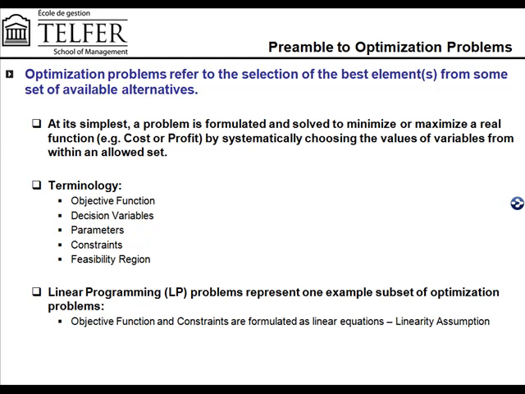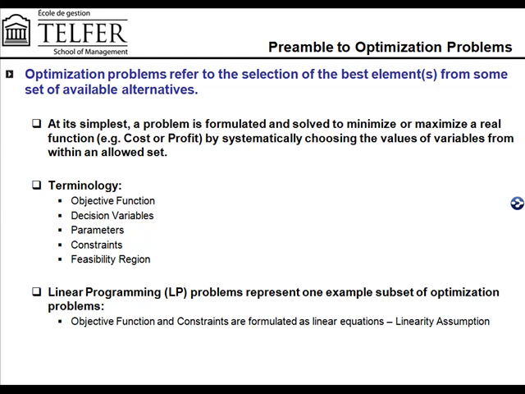Decision variables could be things like the number of units you produce per time period, or the number of units that you're shipping along specific routes if we're talking about a transportation problem. Decision variables are what in Solver you refer to as changing cells. So these are the cells in your spreadsheet that you are going to play around with, and you're going to change the values for these decision variables to see what type of solution you're getting in order to optimize that value.